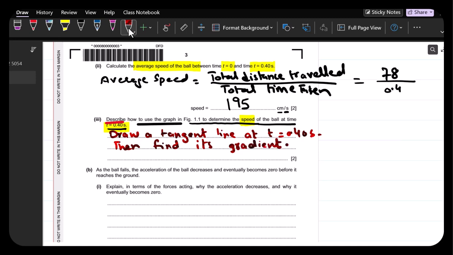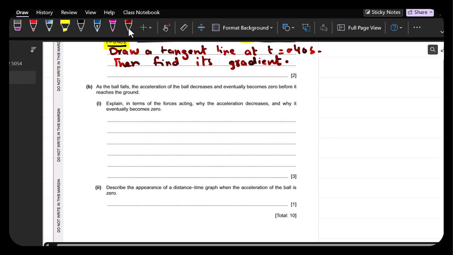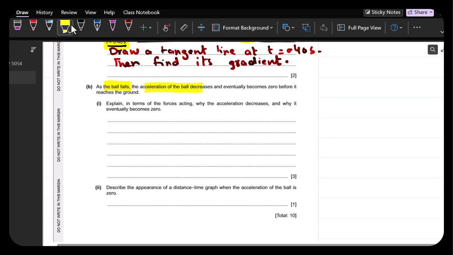Moving forward, B part: as the ball falls, the acceleration of the ball decreases. It means the value of a is decreasing, and eventually becomes 0. यानी पहले acceleration decrease हो रहा था और फिर उसके बाद it becomes 0.